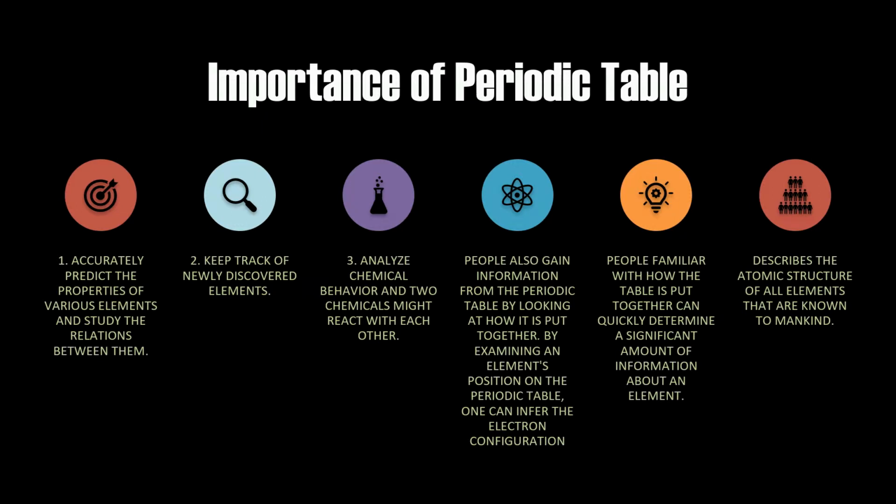By examining an element's position on the periodic table, one can infer the electron configuration. Next, people familiar with how the table is put together can quickly determine a significant amount of information about an element. And lastly, it describes the atomic structure of all elements that are known to mankind.